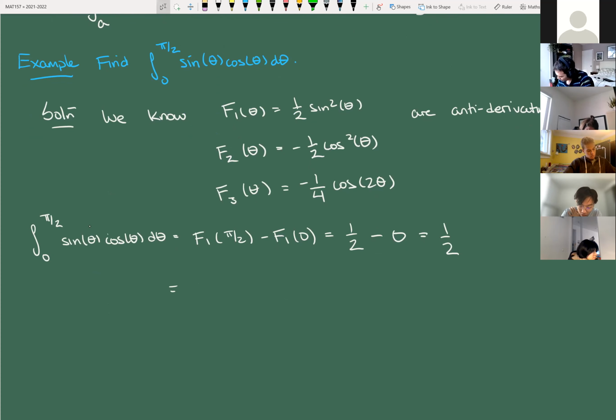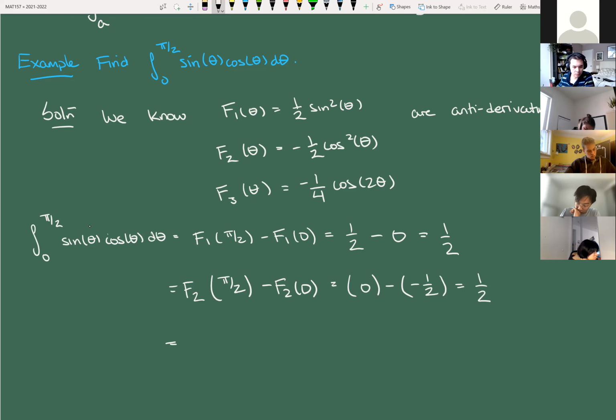So if we do F2 now, we get F2 of pi by 2 minus F2 of 0. So cos of pi by 2 is 0. So this is going to give us 0 minus, and then cos of 0 is 1, so minus -1/2. So that gives us 1/2. All right. Maybe that's not surprising because we know that sine and cosine are related in this way.